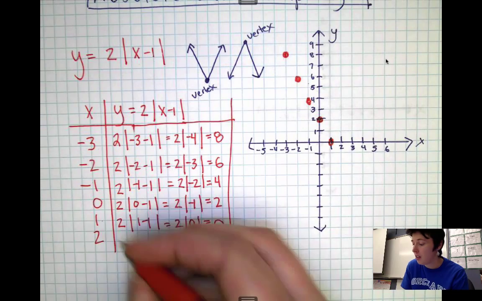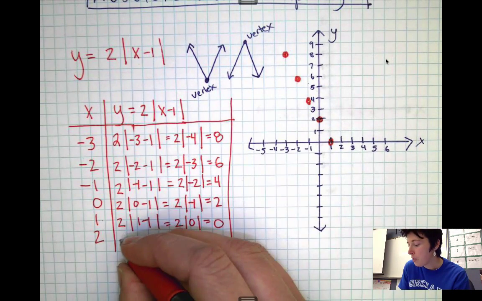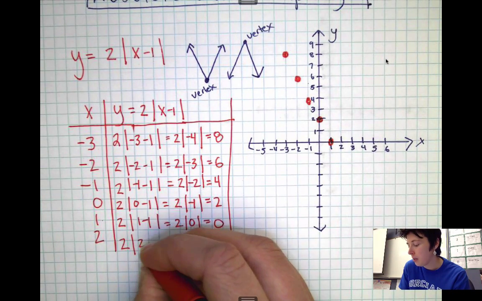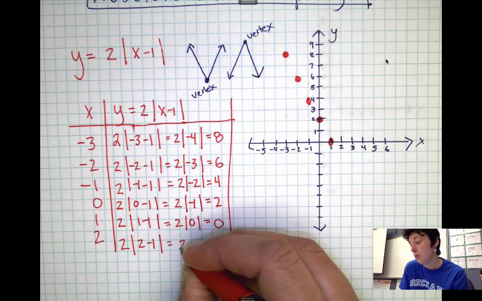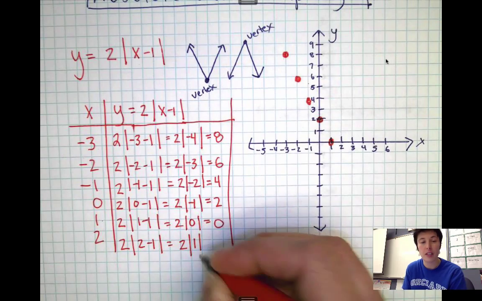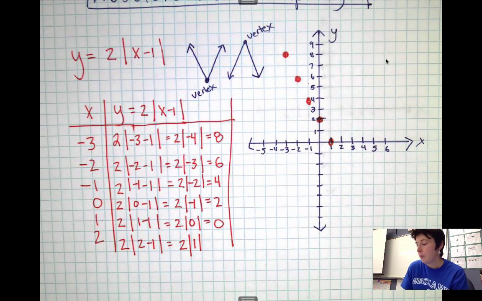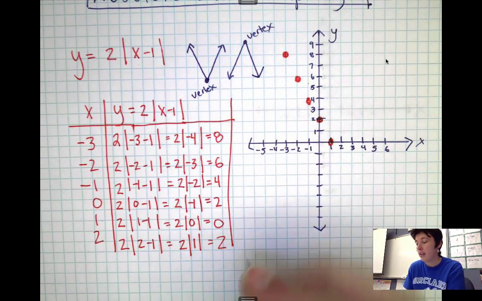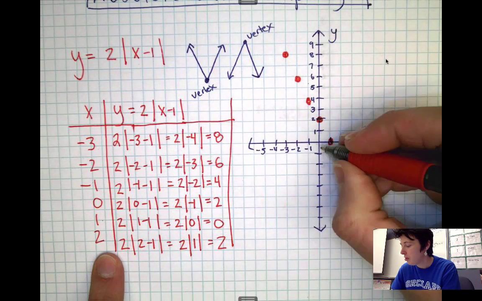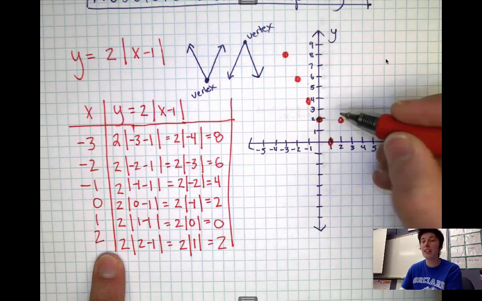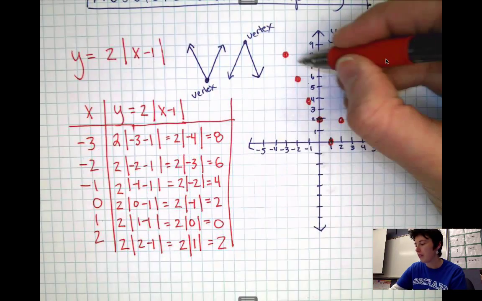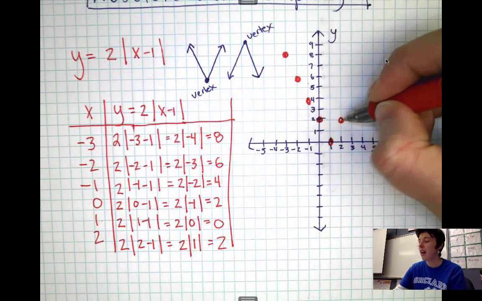Let's do 2. 2 absolute value 2 minus 1. 2 minus 1 is 1, so I have 2 absolute value of 1. 2 times 1 is 2. All right, so I'm going to put 2, 2 on the table. Finally, I see my V. It's finally made a turn. This is what I was waiting for, for these points to turn around.